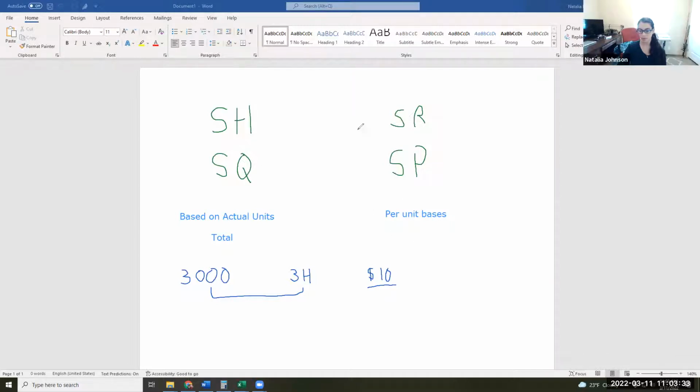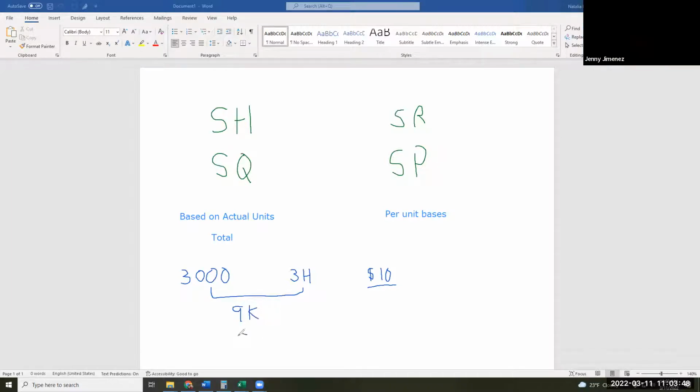Does that make any sense? Yeah, so when you want to know how many actual units total were used, you would use 9,000, right? But if you're asking the price of each hour, that's $10.